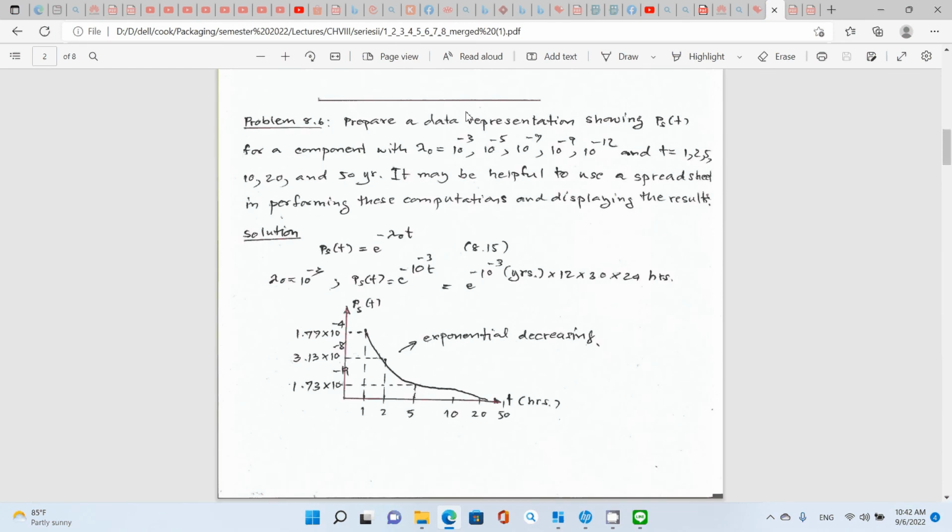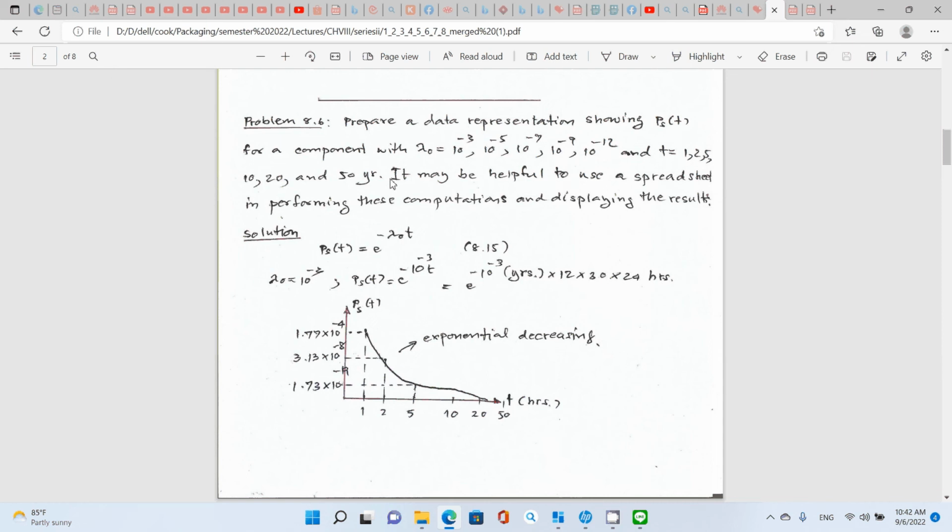Problem 8.6. Prepare a data representation showing P(t) for a component with lambda 0 equal to 10 to the negative third, 10 to the negative fifth, 10 to the negative 7, 10 to the negative 9, and 10 to the negative 12. And t is the time, that's 1, 2, 5, 10, 20, and 50 years.